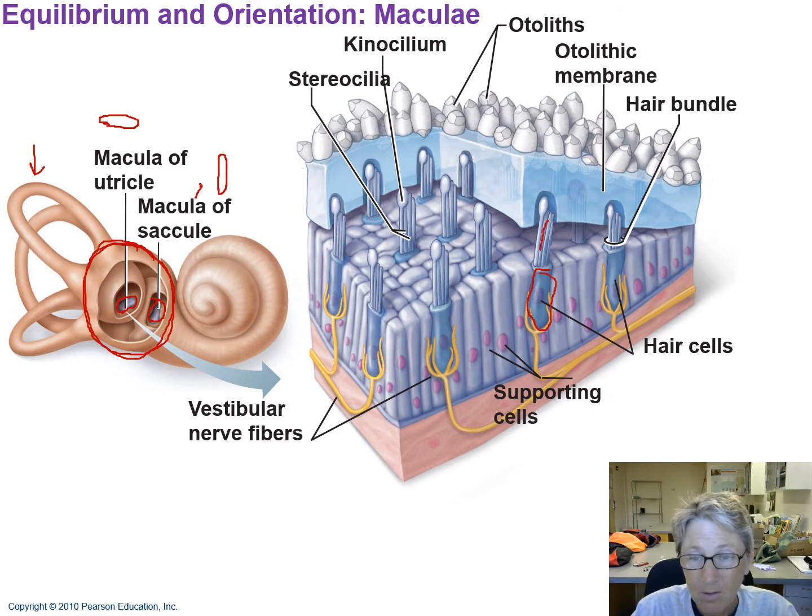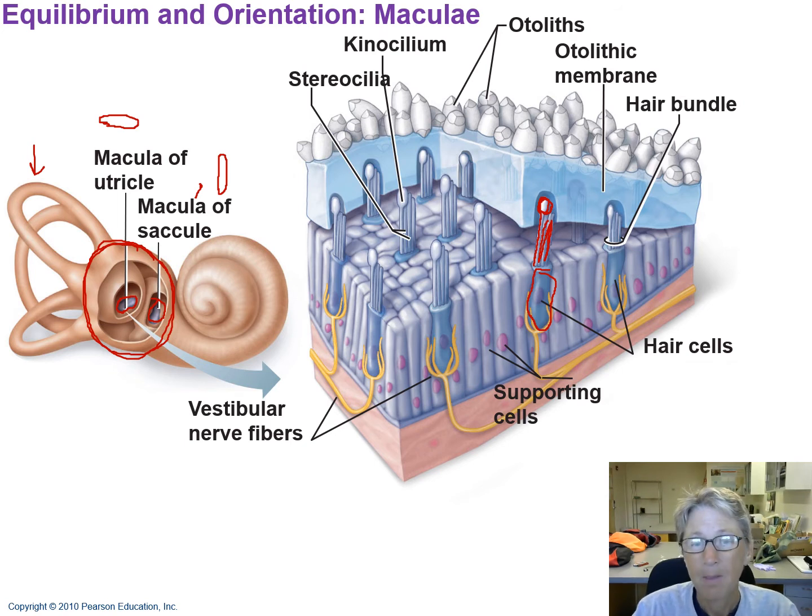Here's its stereocilia, just like in hearing. But in equilibrium and orientation, you also have this other thing projecting out of the hair cell. This guy right here is called the kinocilium.